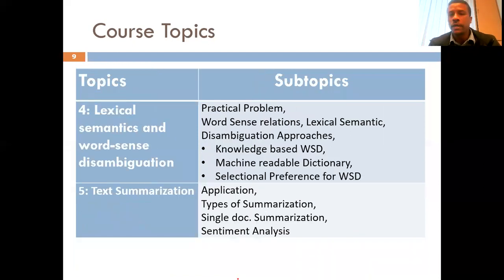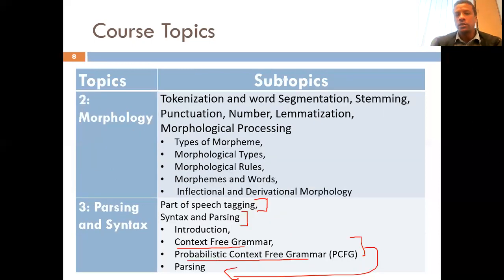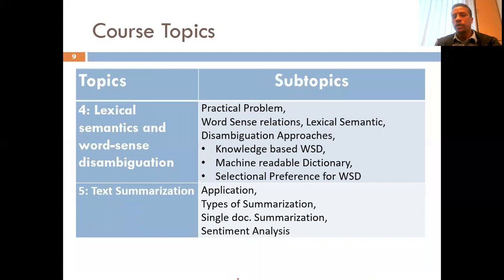Then chapter 4 would be concerned about the next higher level. Mind you, as you can see, in the first two topics we have morphology, we have syntax, and we have parsing. Then when we go beyond this, we'll be concerned about semantics. Semantics is concerned about the meaning of the word in a specific setup or in a specific context.